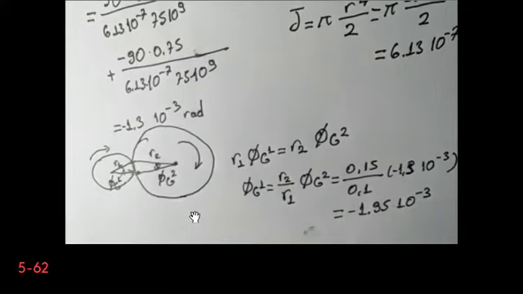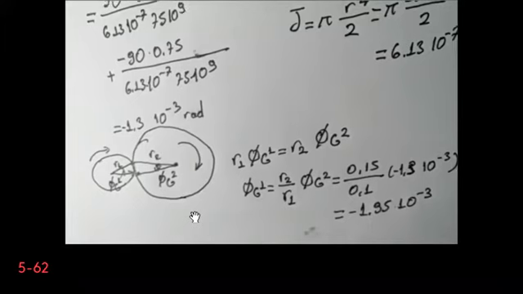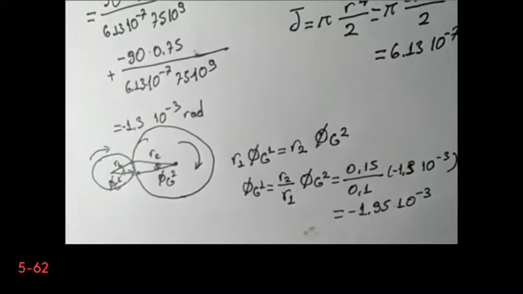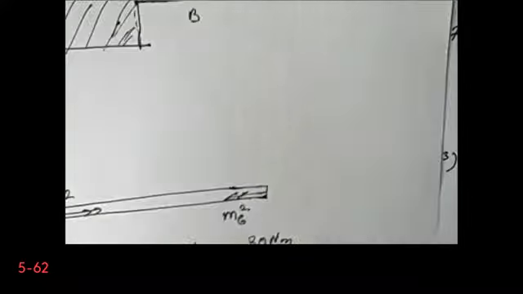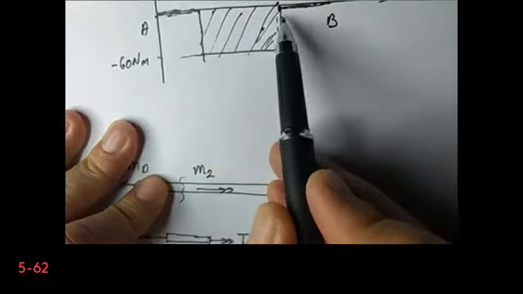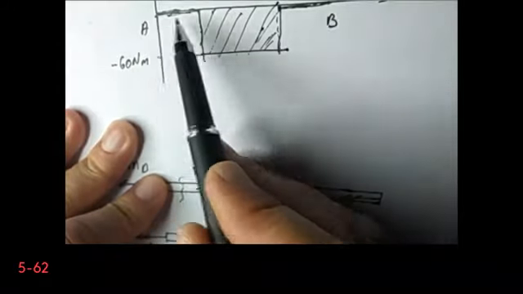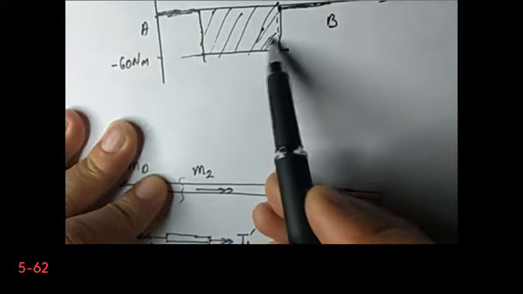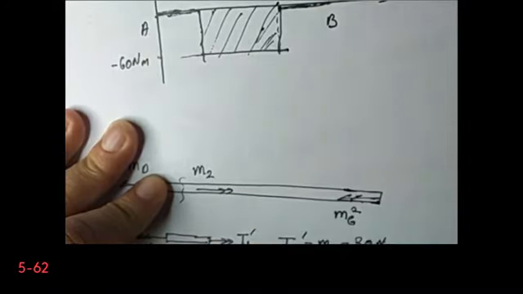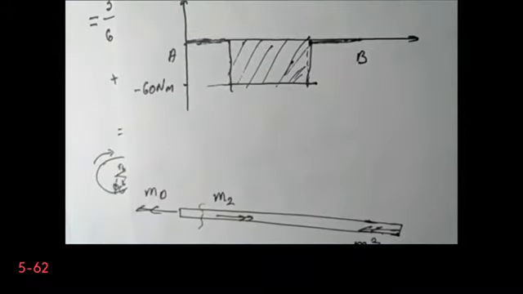Now, as we know from the torque distribution, we have torque only between the applied moment and the gear. So I don't have any torque between point B and gear and point A to the applied moment. Therefore, I only need to calculate the angle of twist for this part.